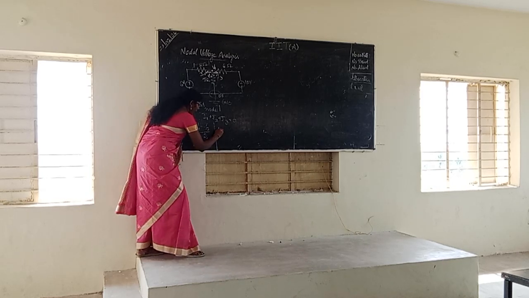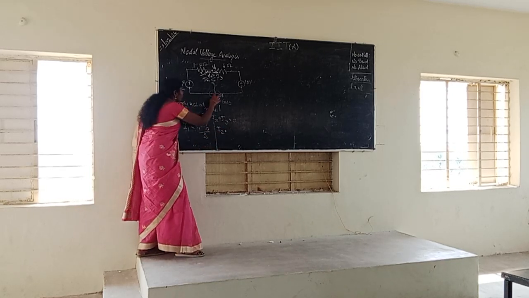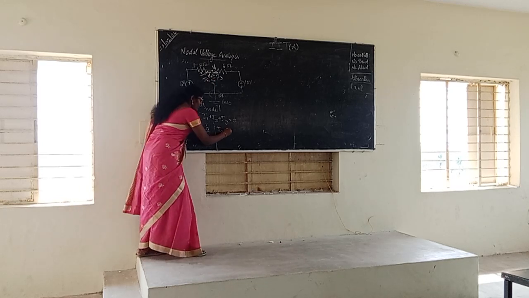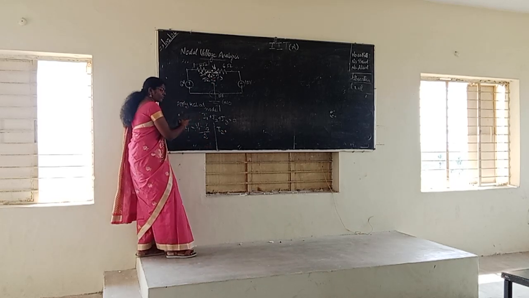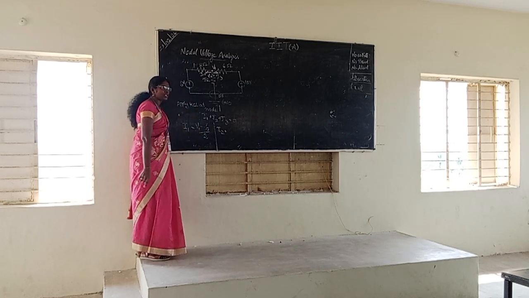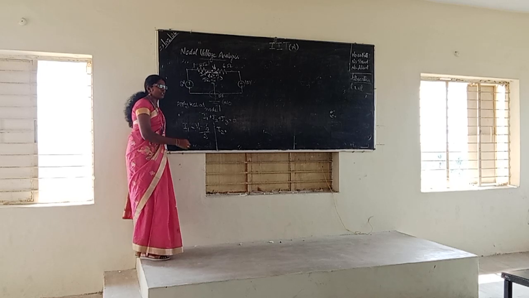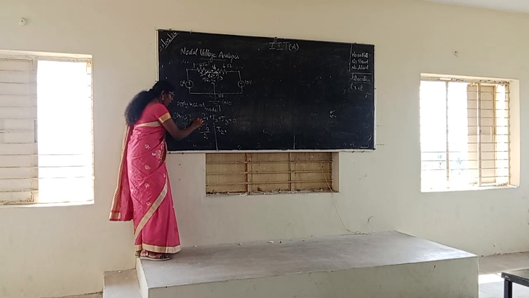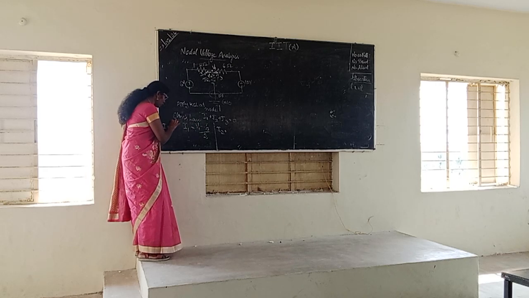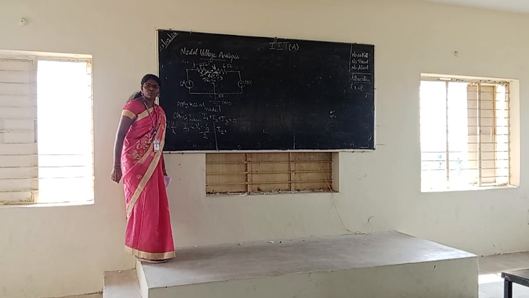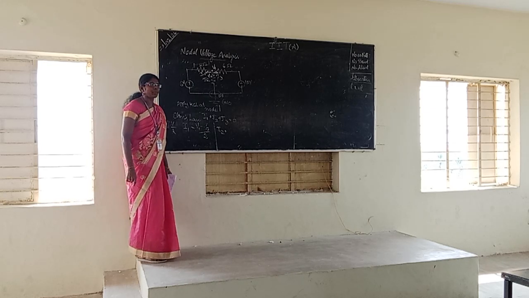And next, I2, the current going from only the node V1 alone. How can I write I is equal to V1 minus 6 by 2? What is the formula here? Here we are applying Ohm's law, and we know that I is equal to V by R. I want to find the value of current in the branches, I1, I2, I3.